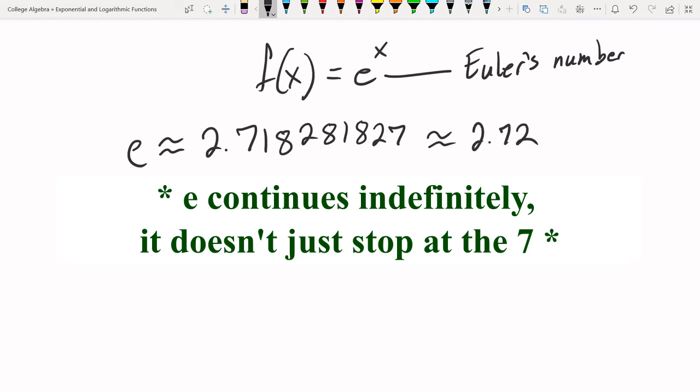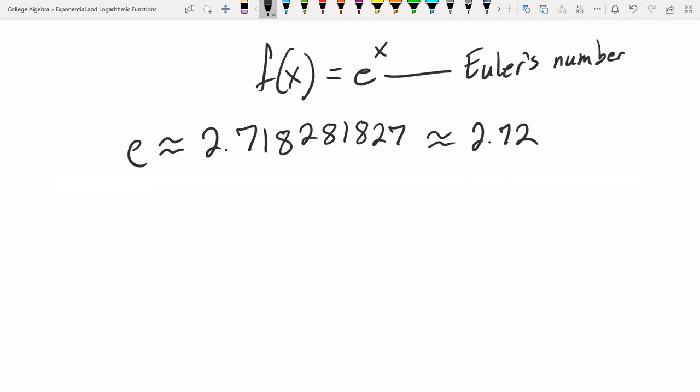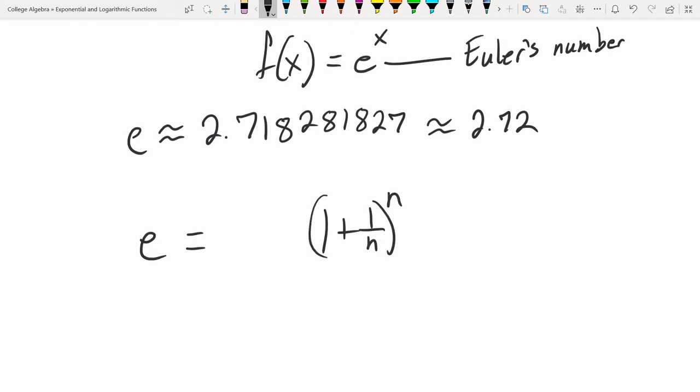And a very interesting property of e, and probably what makes it so interesting, is that if we take 1 plus 1 over n, to the power of n, and we put bigger and bigger values of n in there. What we're saying there is we're taking the limit, this is calculus notation, as n goes to infinity.